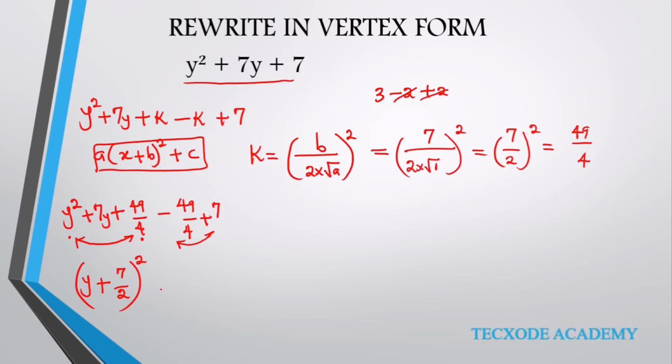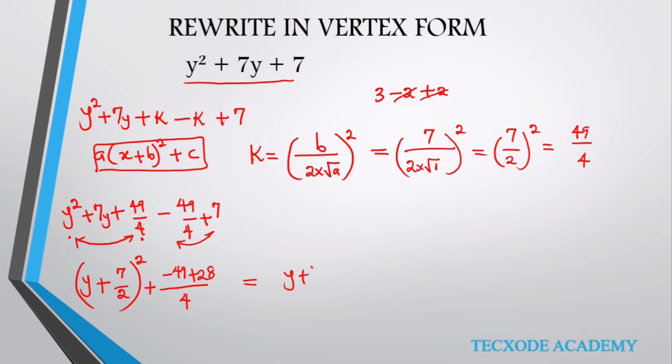And we're going to come up with negative 49 plus 28 over 4. You can do plus there if you want to, but it's not necessary, so let me just put it there to make it neater. To fine tune this, I'm going to get y plus 7 over 2 all squared.